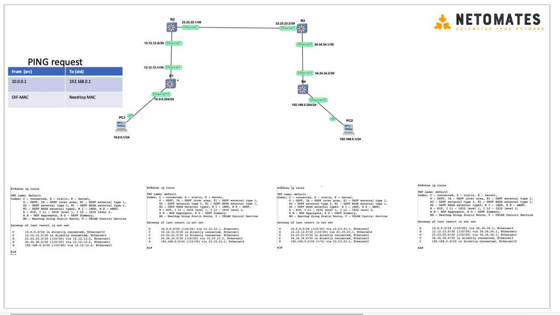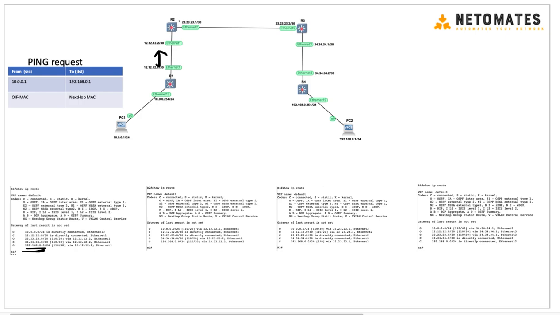This packet comes to R1. R1 checks its routing table, and this is the route matching that packet. The next hop is 12.12.12.2 through Ethernet 1. As per this topology, this is the correct route, so the packet will go this way.